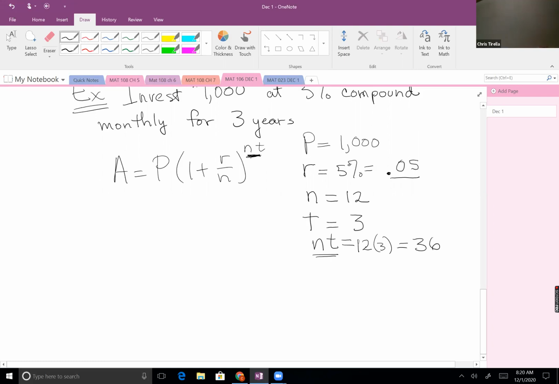It's not essential that you do that, but if you don't, you need extra parentheses. So I would strongly suggest you multiply n times t before you substitute that exponent into the formula. Everybody with me so far? Yep. So substituting, I'm going to get 1,000 times parentheses 1 plus 0.05 over 12, raised to the 36th power.